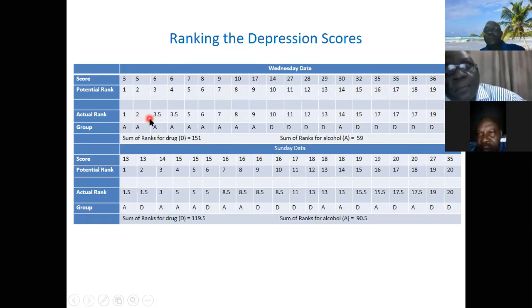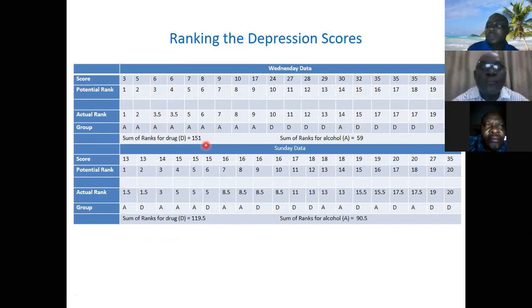Actual ranking is for you to go to all those that have tie value, not tie rank. Tie value, like 6 and 6. You combine their ranks, find the average and divide it among them. Just like when 2 people tie for second, they have to share the prize.